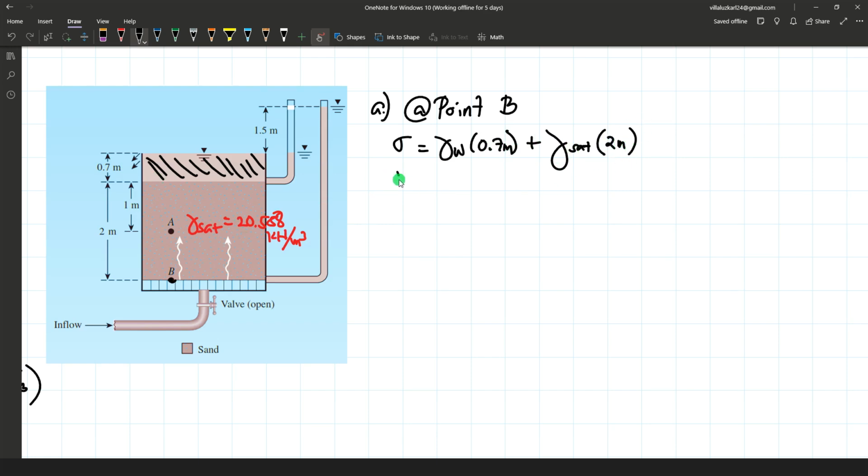Okay, so unit weight of water 9.81 kilonewtons per cubic meter, 0.7 meters plus 20.588 kilonewtons per cubic meter and 2 meters.